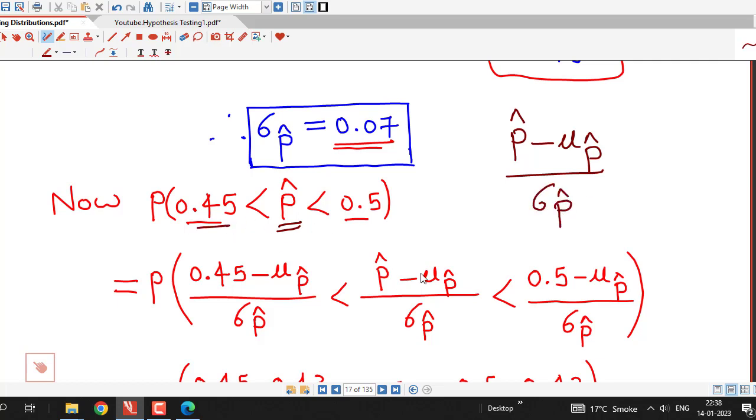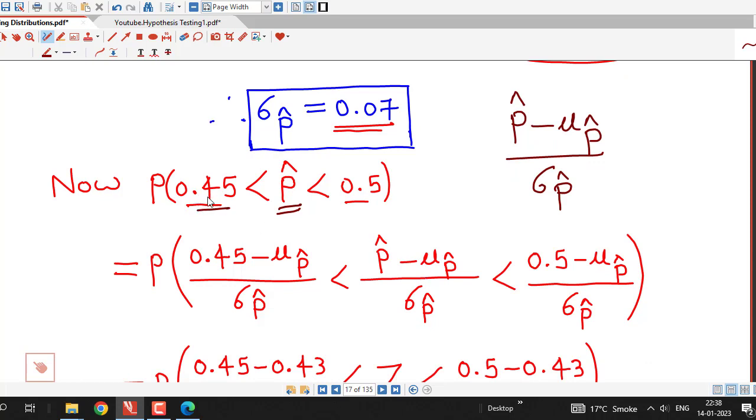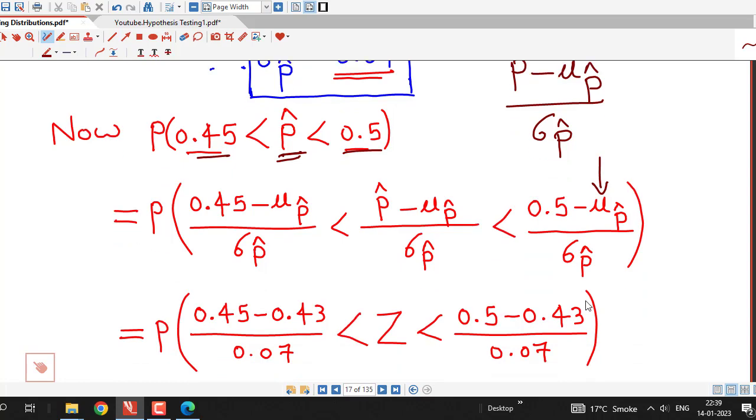So this I have written equivalently 0.45 minus mean of sample proportion divided by standard deviation of sample proportion less than this sample proportion minus its mean divided by standard deviation less than 0.5 minus mean of sample proportion divided by standard deviation of sample proportion.